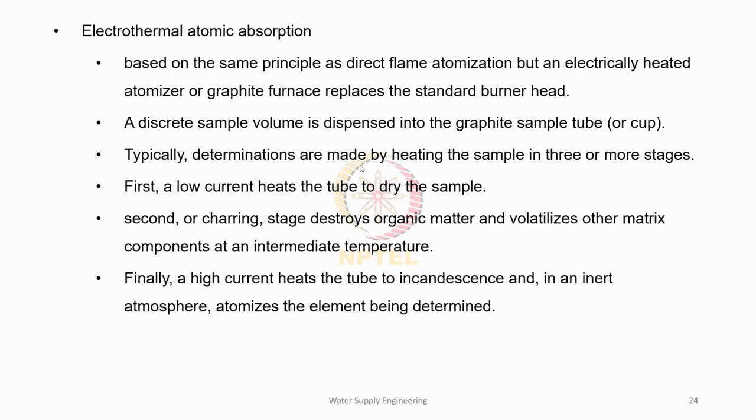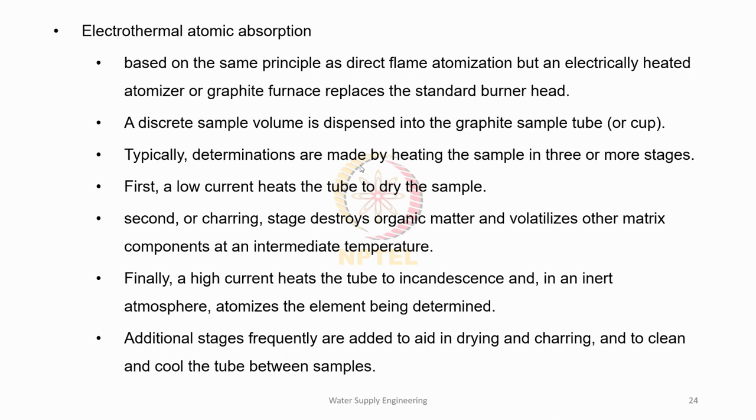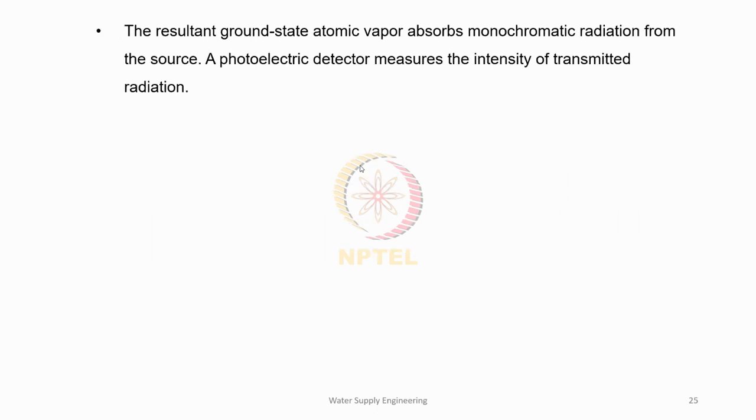And finally, a high current heats the tube to incandescence and atomizes the element being determined. If we need any other steps to speed up charring and drying, that may be added, as well as steps to clean and cool the tubes.